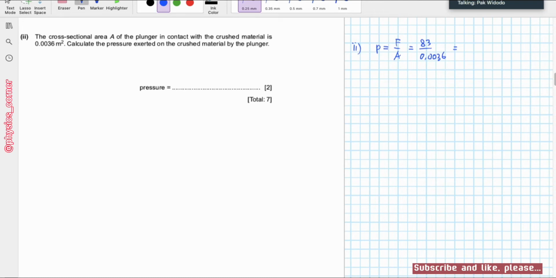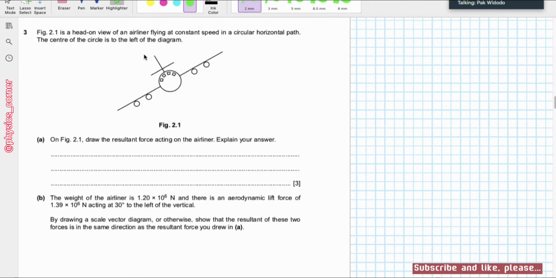Oh, so big. 23,000, about 23148.15 in Pascal. Or if we simplify this, about 2.3 times 10 to the power 5 Pascal. That's it. Let's check.